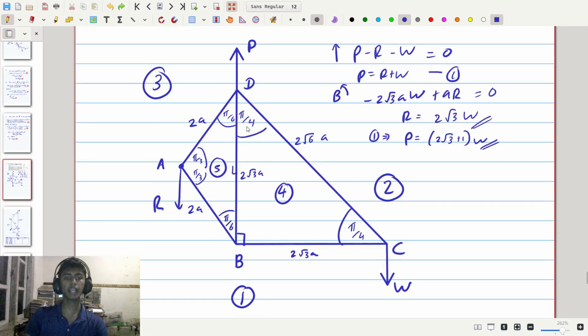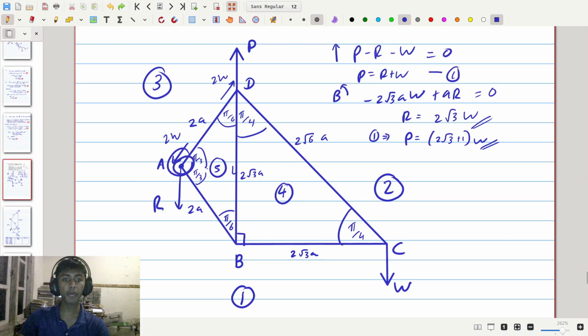So if the point A is experiencing a force of 2W in this direction, then the rod AD must be experiencing an equal and opposite force in the other direction. So the force in AD at the point A is going to be like this, and similarly at the point D it's going to be like this, and the value is 2W and 2W. As it appears, the forces on the rod AD are pulling it apart.